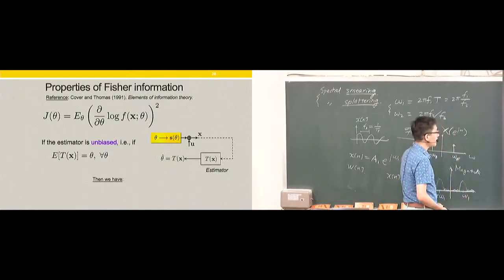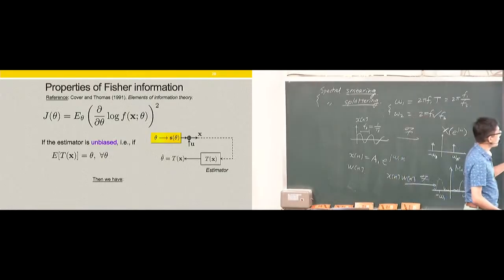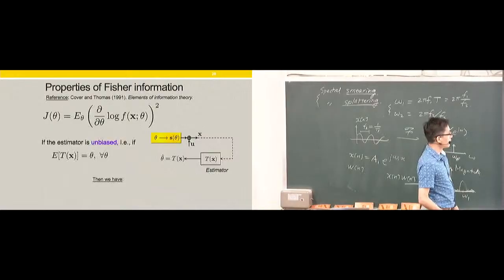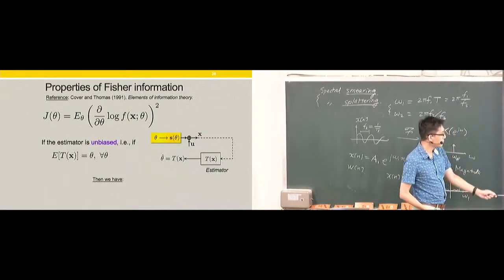So it turns out that we define J theta as the expected value of the square of the first partial derivative of the log of the distribution. Then there's a theorem.